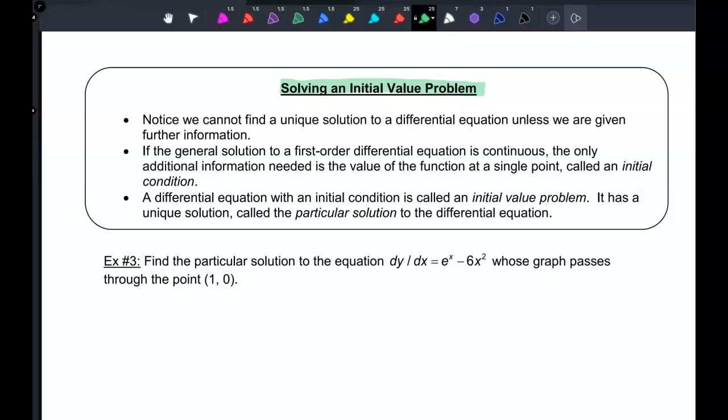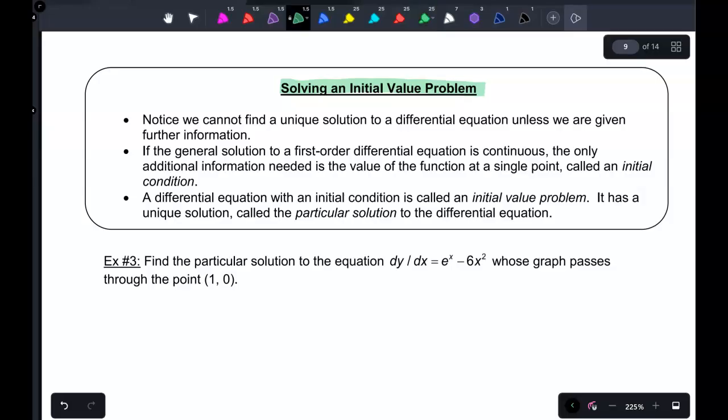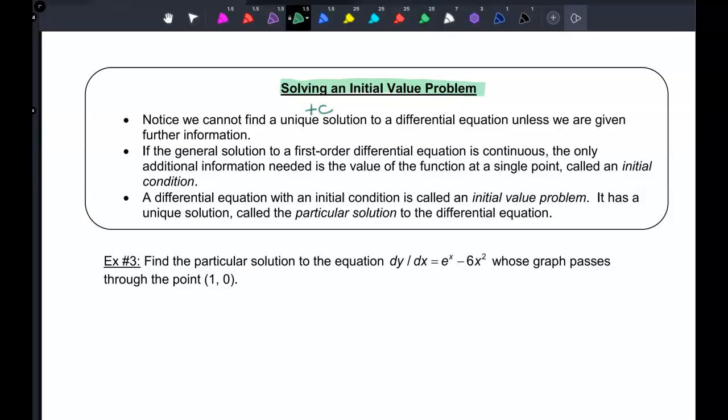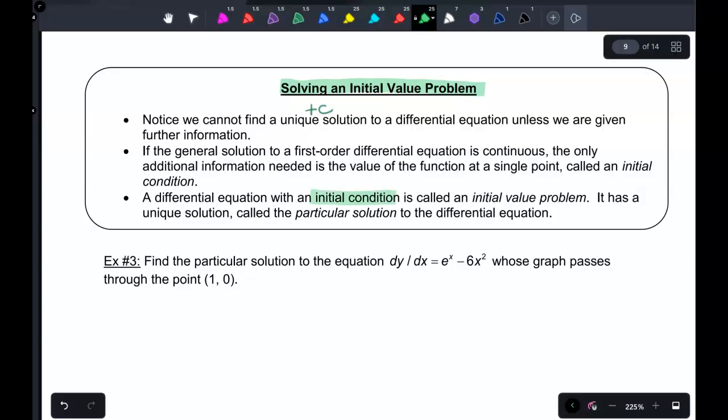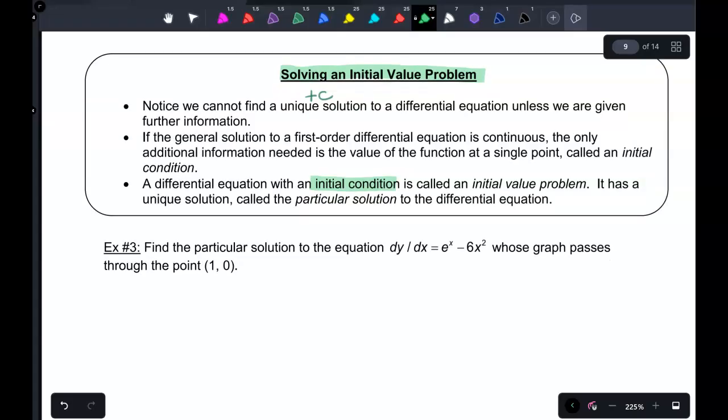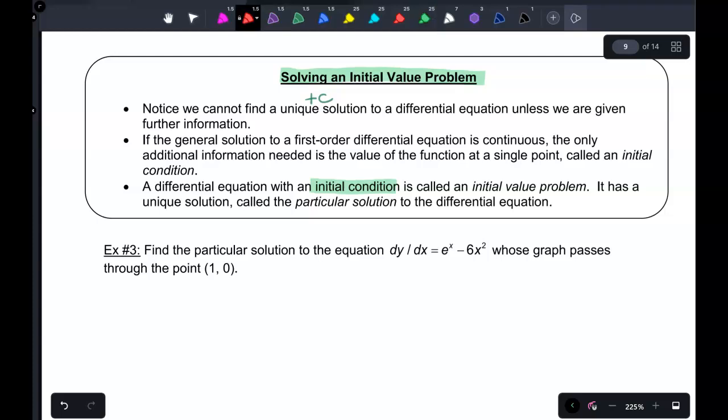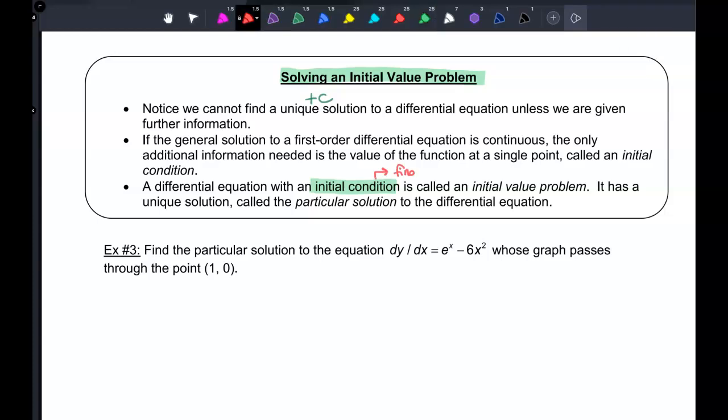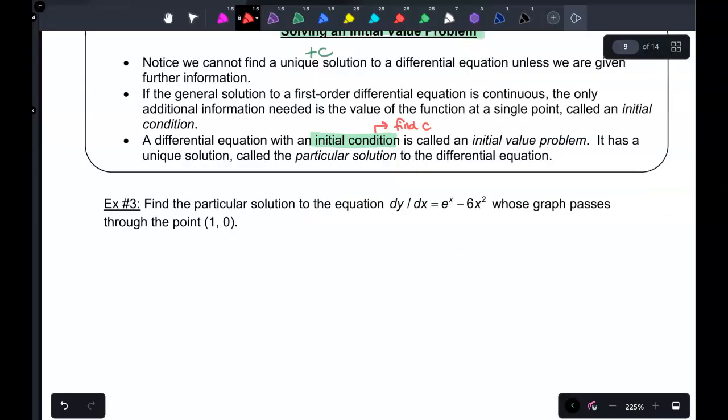That's why I put here, we can't find the unique solution. This is where we would have a plus c. In the general solution, we would need to know more information. So we have what's called an initial condition, and then we use that initial condition to find out what c is equal to.